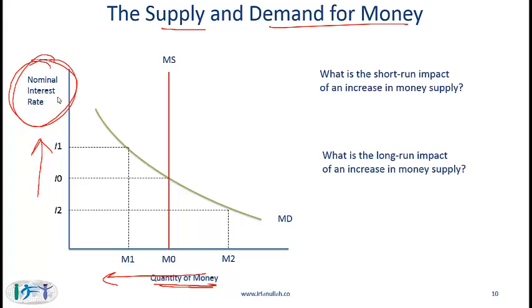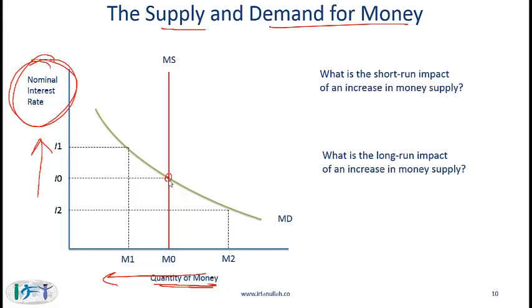By interest rates, we are looking at the returns on other investments, so on stocks, bonds, etc. When we are getting better returns on stocks and bonds, then our demand for money will be less. That's why this is a downward sloping curve.